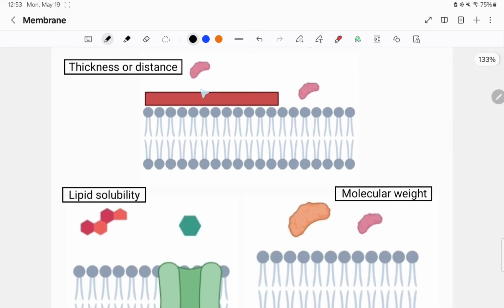This molecule has this barrier in front of it, so the distance it has to travel to get inside of the cell is much further compared to this guy, who only has to travel this much. If the distance is longer, the rate of diffusion will be slower. If it's shorter, the rate of diffusion will be faster.